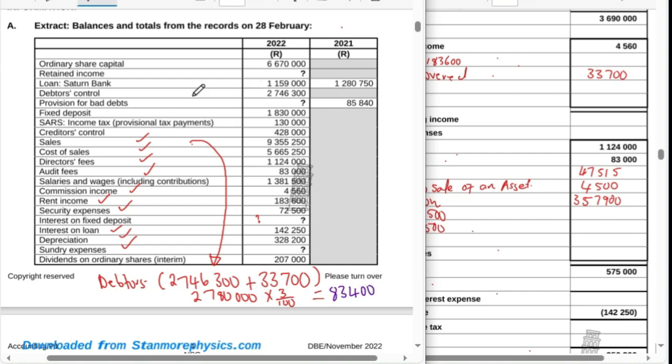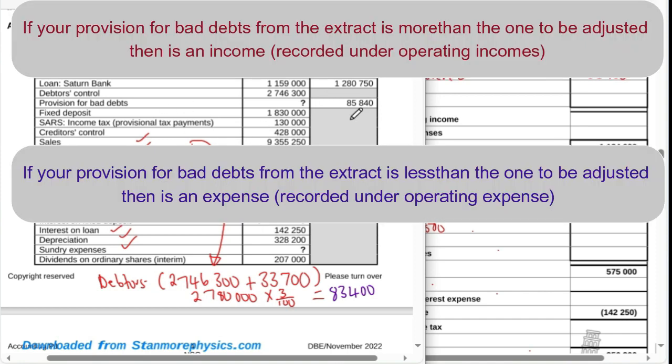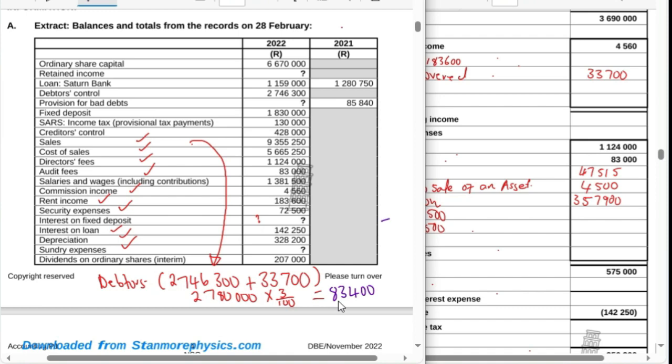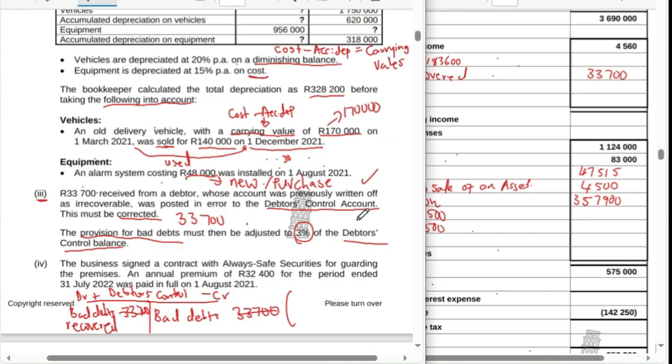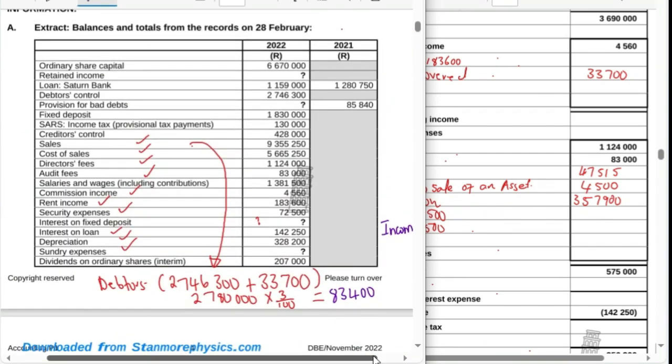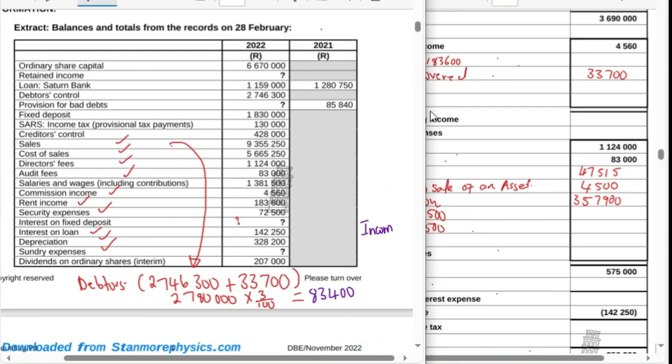Then guys, if ever our provision for bad debt from the extract or from the trial balance is more than the one that has been adjusted, just to know that it's an income. It's an income.